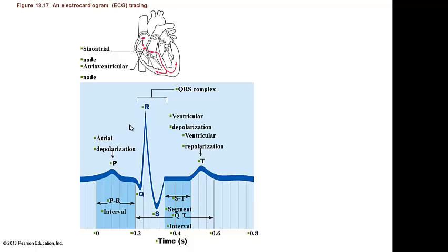The P wave, atrial depolarization. QRS is ventricular depolarization and atrial repolarization. And then T wave is ventricular repolarization. Okay? So know those parts.